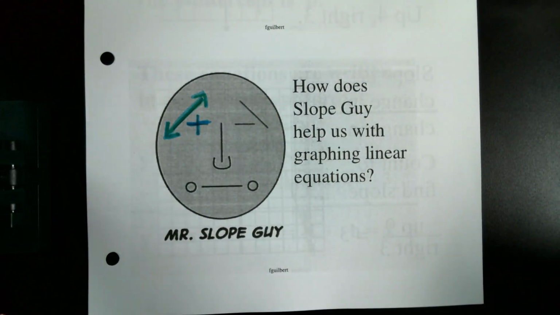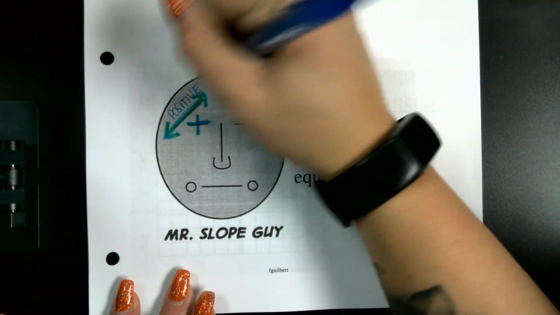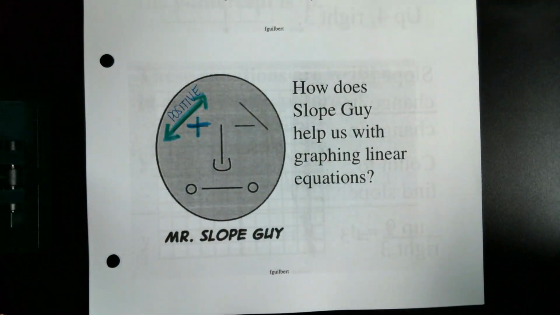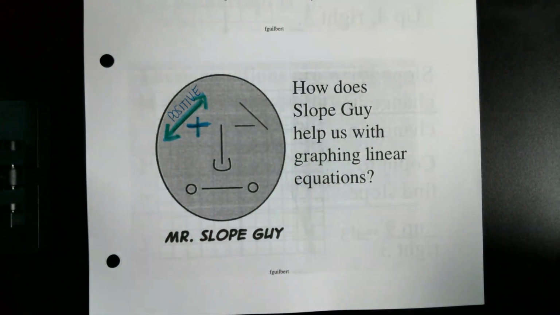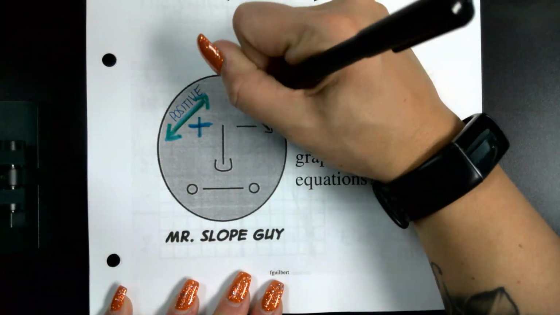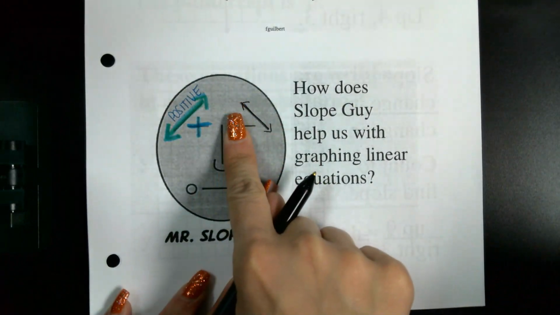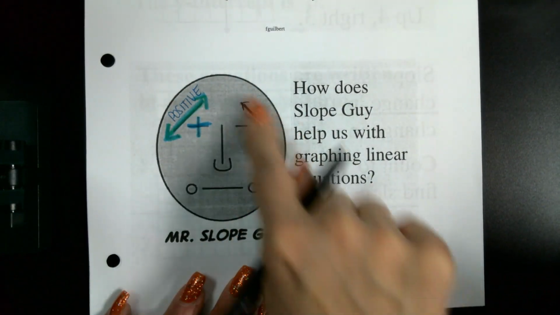Anytime it slants uphill, our slope is going to be positive. Like that. If you have a line that slants downward, like it's going downhill, like this one over here, downhill means starting from the left going to the right, it decreases.